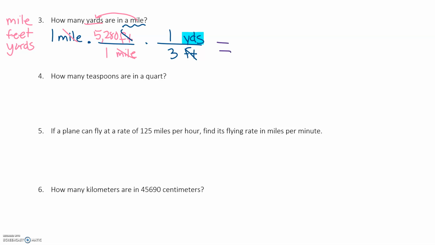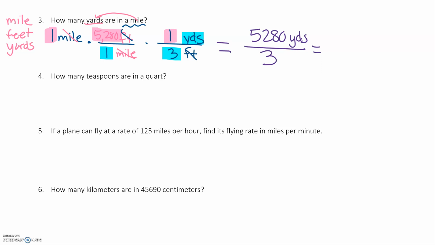So now all we need to do is multiply. So we multiply the numbers across the top. Those ones are easy to multiply. So 5,280 yards, and this is per 3. We're multiplying the numbers on the bottom, 1 and 3. Okay? But we can't leave this fraction over here. So what we need to do is use our calculator to find out how many it would be for 1.